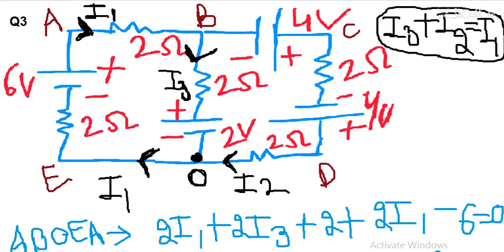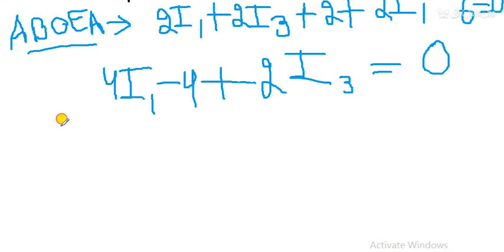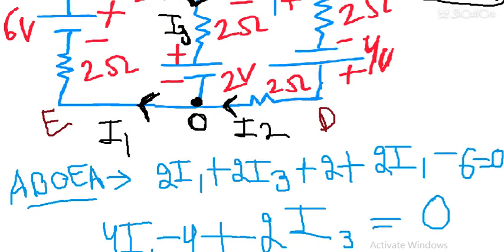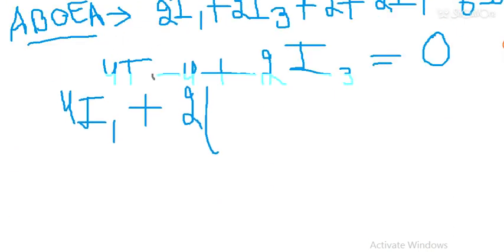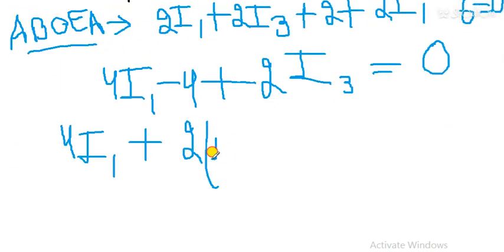So I3 is equal to I1 minus I2. So here I will write 4I1 so that I can get one equation. After that I will take another loop. So 4I1 plus 2, now I have to put the value of I3. So I3 is equal to I1 minus I2. So I will put here I1 minus I2, minus 4, equal to 0.